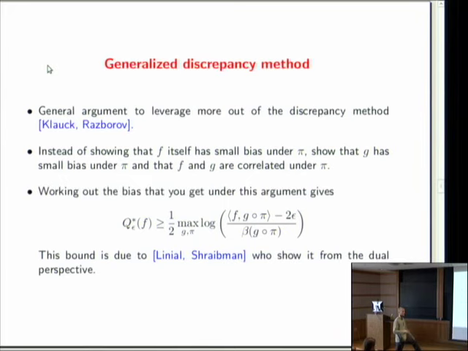The definition of a dual norm is that you maximize over B the inner product of f and B divided by the norm of B. And this is actually the way that Linial and Shraibman look at this. Sherstov did it after Linial and Shraibman, I guess.